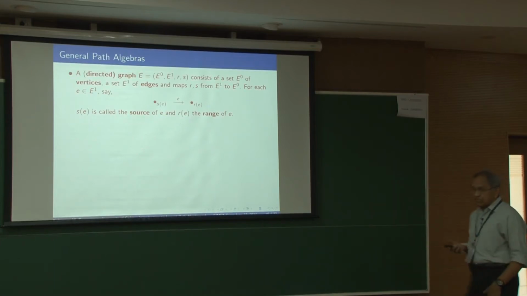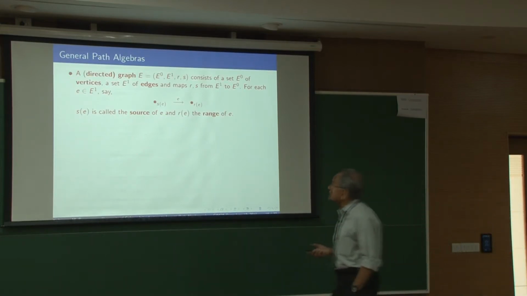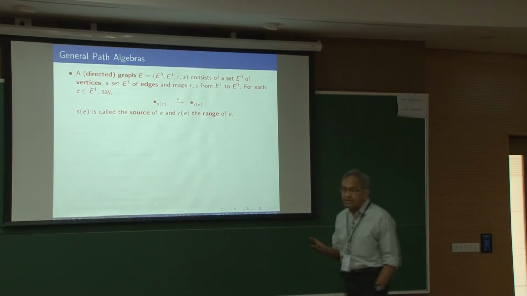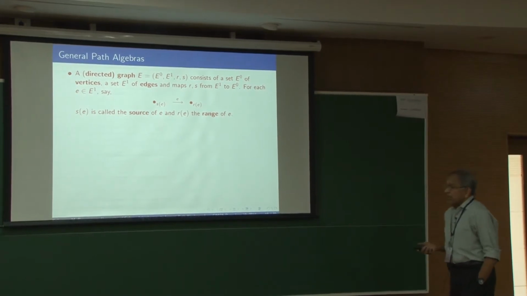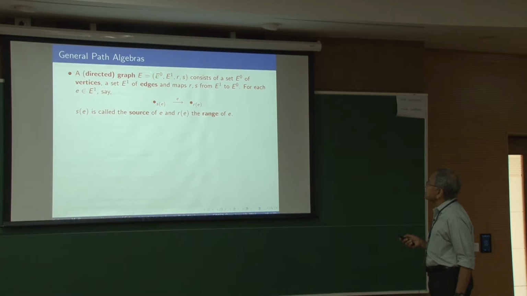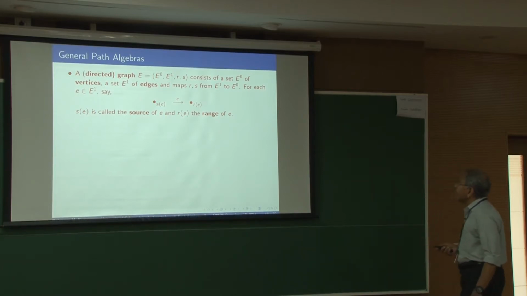So let's start to think of some concepts in graphs, and then I'll try them out together here. A directed graph consists of a set of vertices, a set of edges E1, and two functions r and s.